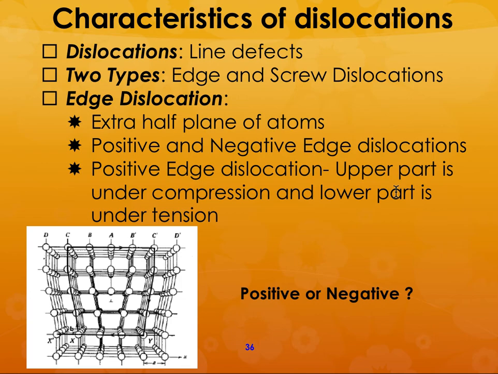And you probably remember this, that there are two types of dislocations, which are edge and screw. In the case of edge dislocations, they can be either positive or negative.